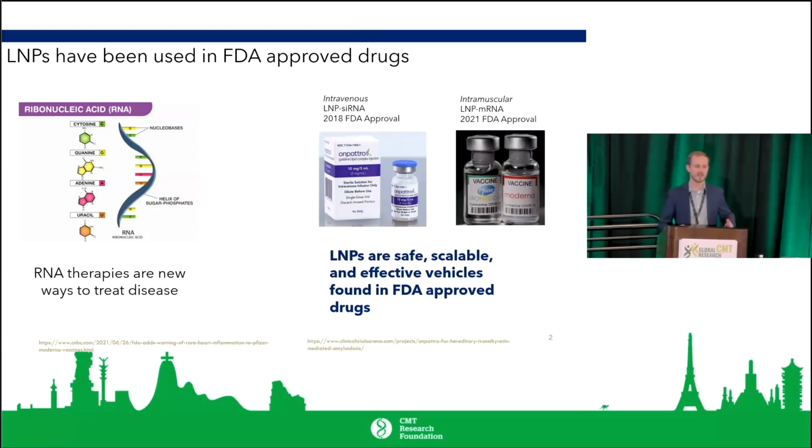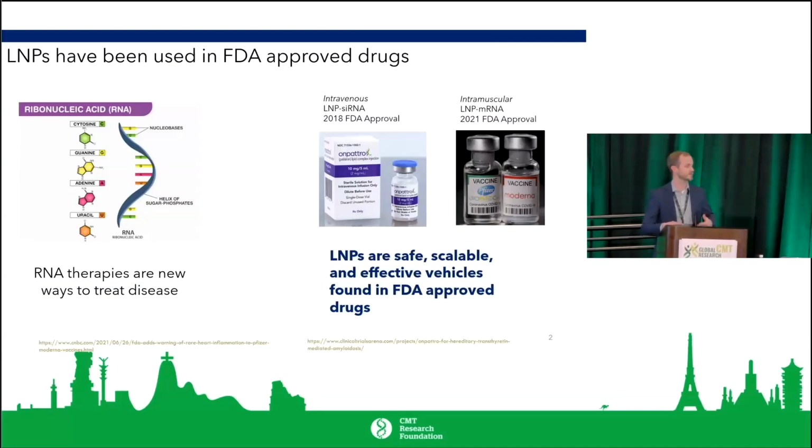Using RNA as a therapeutic molecule can be difficult in that it can degrade easily and can't easily pass through cell membranes. So we need delivery vehicles to bring them to the cell types where they can exert their function. Lipid nanoparticles represent one such delivery vehicle that has been used in previously FDA-approved drugs. In 2018, we saw the approval of an LNP carrying an siRNA for the treatment of a liver disease.